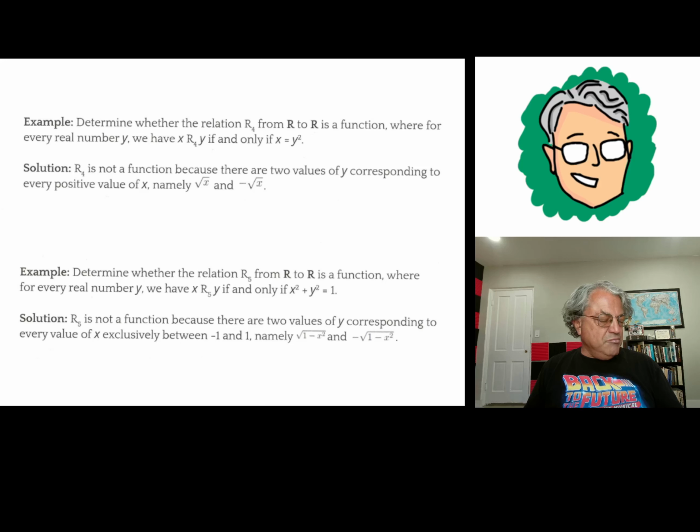Anyway, the fifth example. Again, our domain and our range are the sets of real numbers, and our relation, we say x R5 y if and only if x squared plus y squared equals 1. I went over this example, I believe, in my last video. This is just the unit circle: the set of points (x, y), where x and y are both real, and x squared plus y squared equals 1.